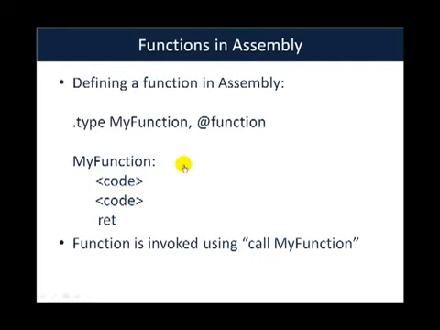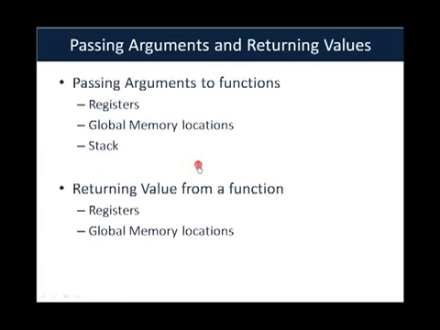Now I guess you must be curious, how does one pass arguments to a function in assembly? You actually have various possibilities. You could use registers in which you load the arguments before calling the function.